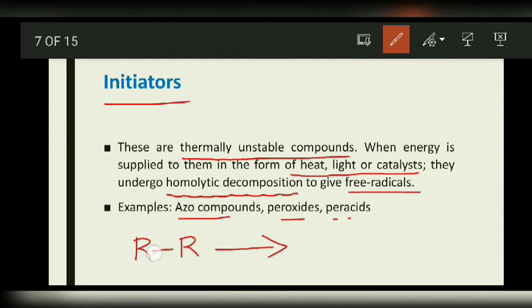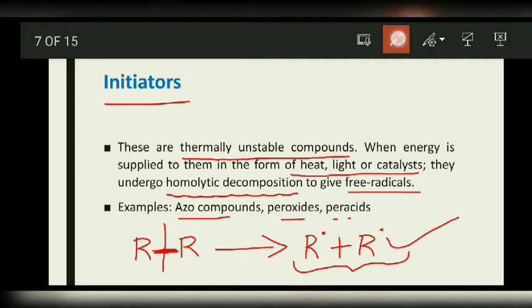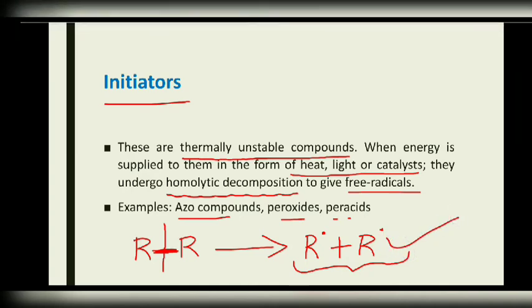Homolytic cleavage means the covalent bond here gets broken down and the fragments formed will have an unpaired electron. So this is the homolytic decomposition, and the products obtained are the free radicals.